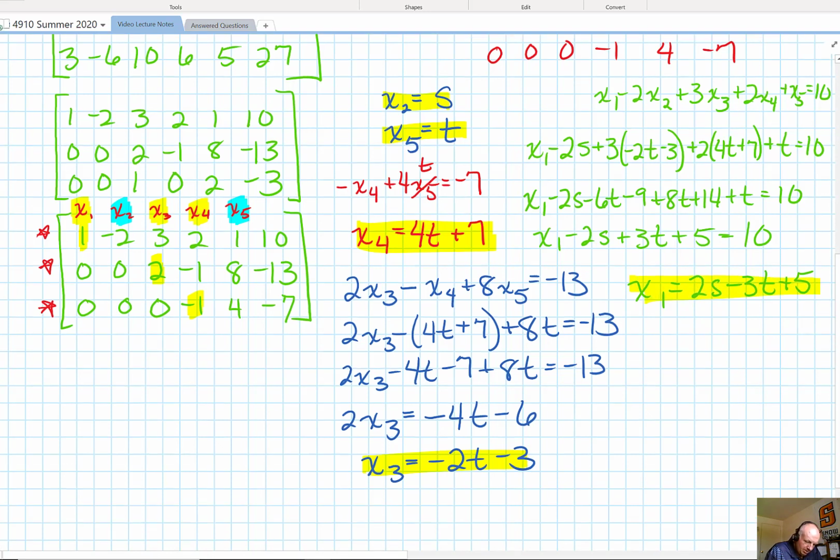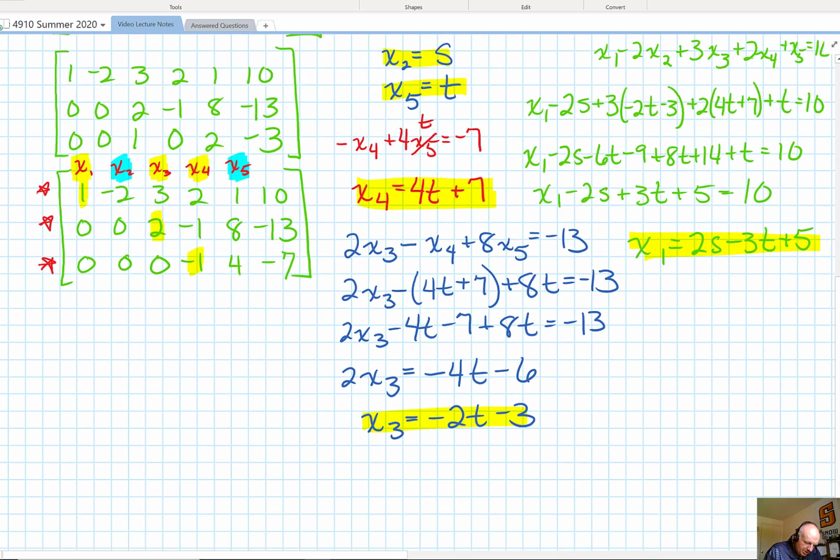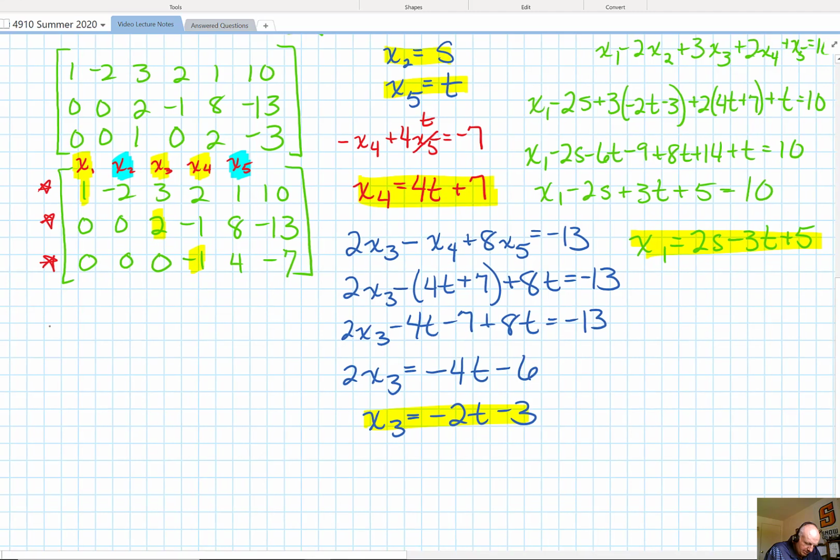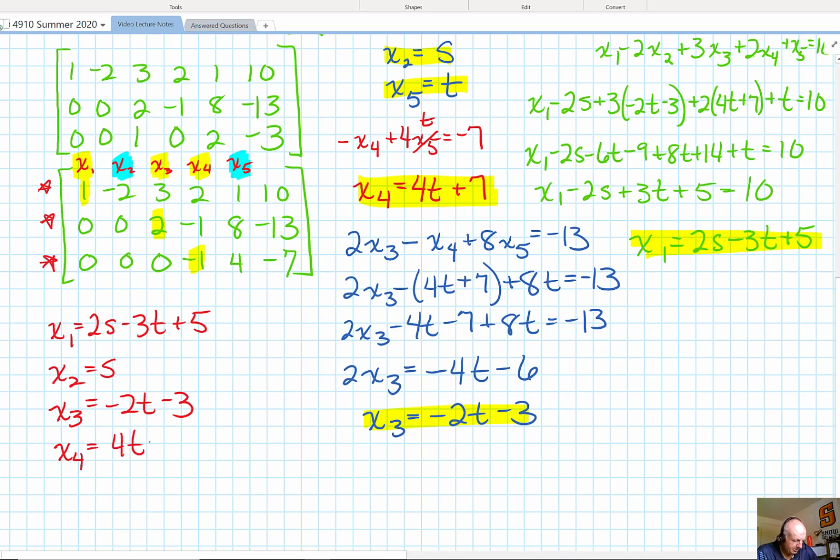So our solution, sometimes you'll just write it like this: x sub 1 equals 2s minus 3t plus 5. x sub 2 equals s. x sub 3 equals negative 2t minus 3. x sub 4 equals 4t plus 7. And x sub 5 equals t.